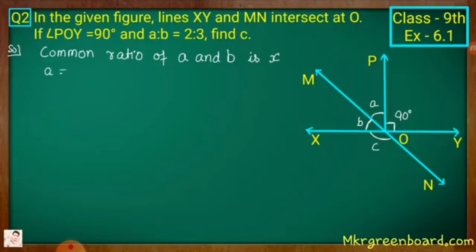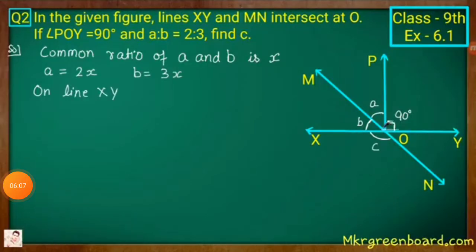Yes, we'll start now. a is 2x, b is 3x. On line XY, b plus a plus angle POY equals 180 degrees.